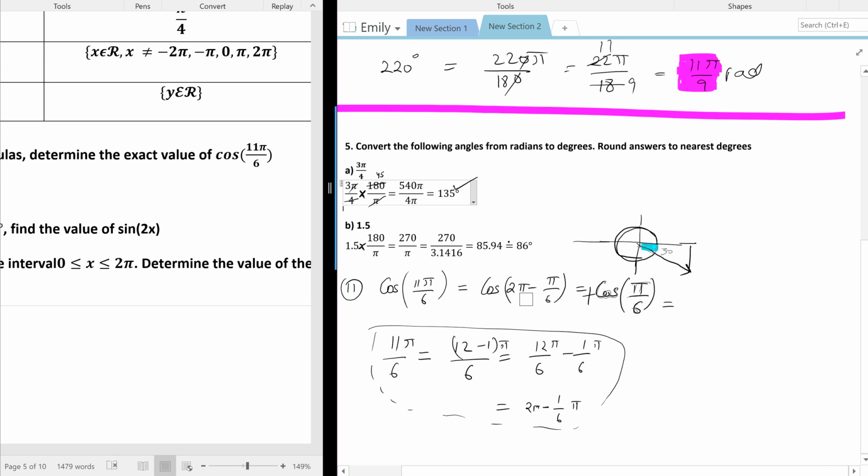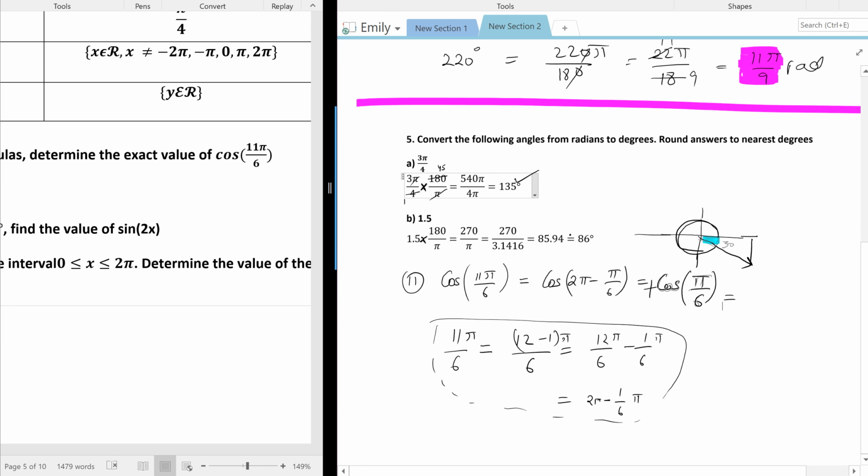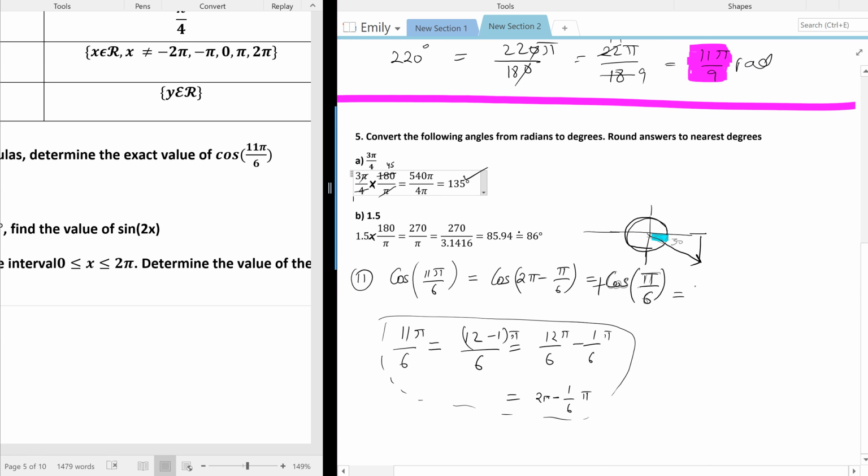Write this equals to this thing, and then write this step plus cos pi over 6. And cosine pi over 6, you can use the special triangle. Cos of 30 degrees, pi over 6, is square root of 3 over 2. So that is the value, and that's the exact value.